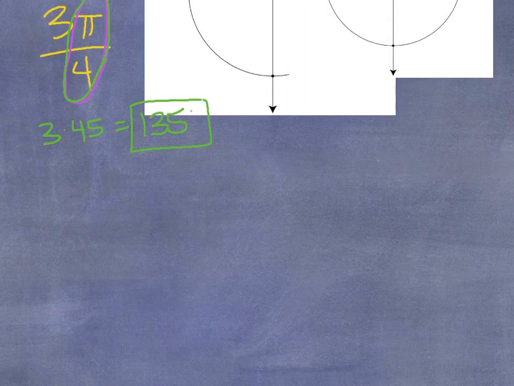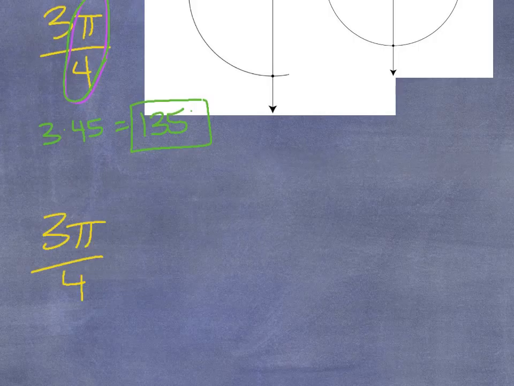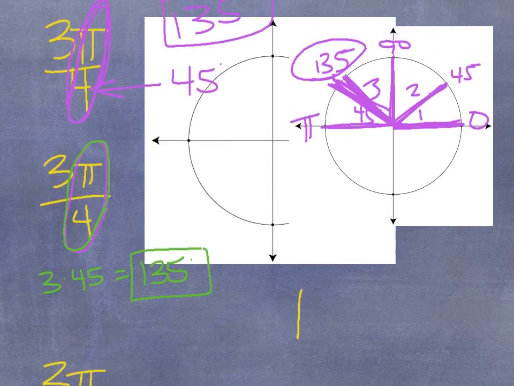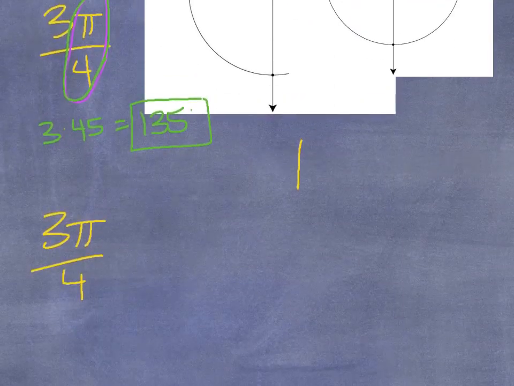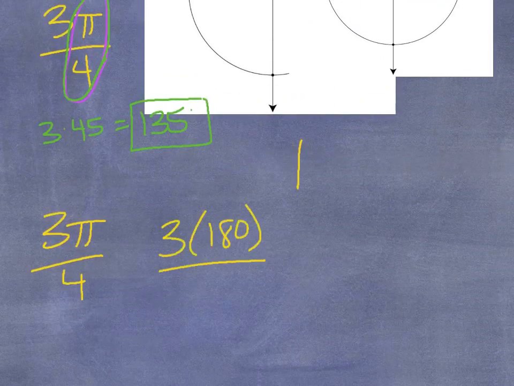The last option would be 3 pi over 4. We know that pi is the same thing as 180 up here. Pi is 180. So if we just substitute 180 in for pi and you multiply that out, you will get the same answer.